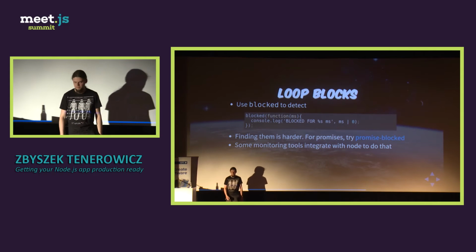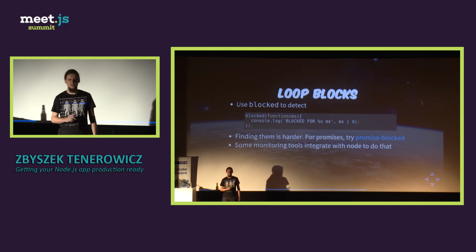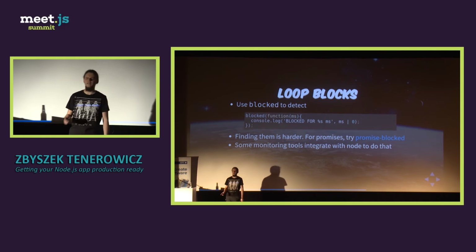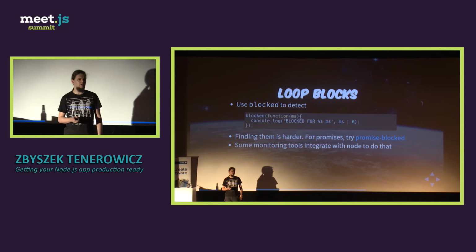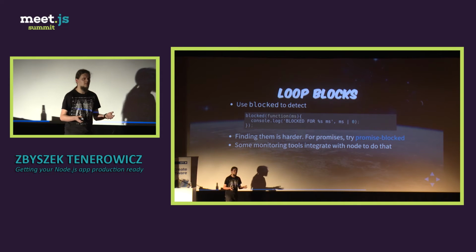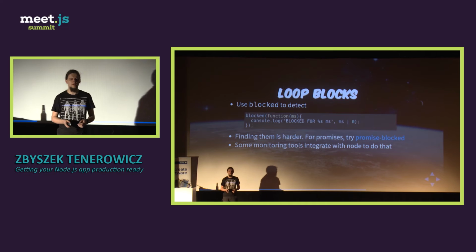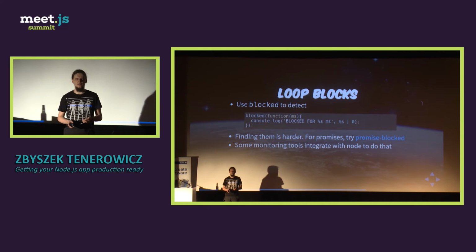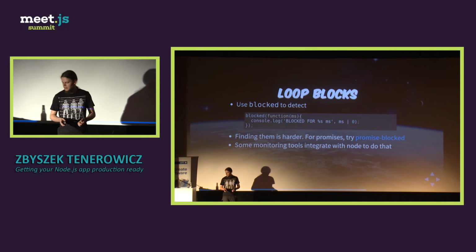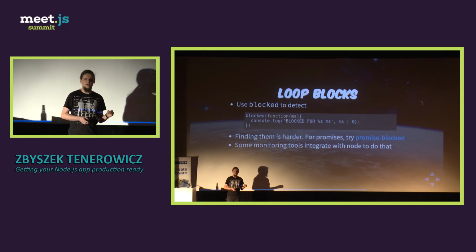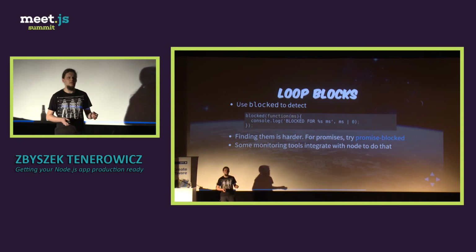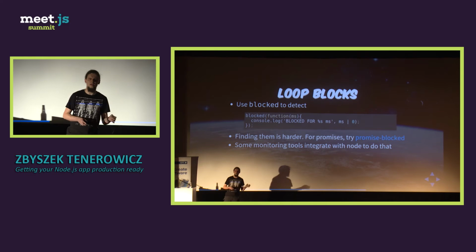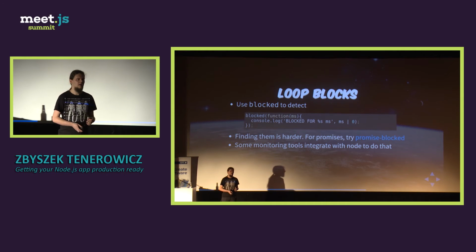OK. I hope this is obvious. You don't want to block your event loop. But you can't be sure. You're actually using a lot of dependencies, and maybe someone has a while true in there, and it sometimes blocks for a while. So you need to track it. There's a very cool module that TJ Holowaychuk wrote while he was still with the Node community.